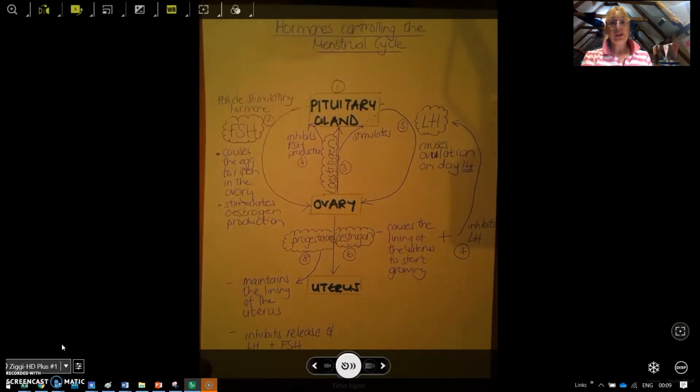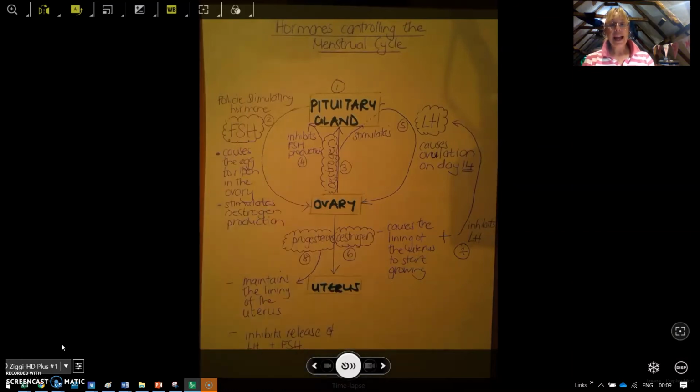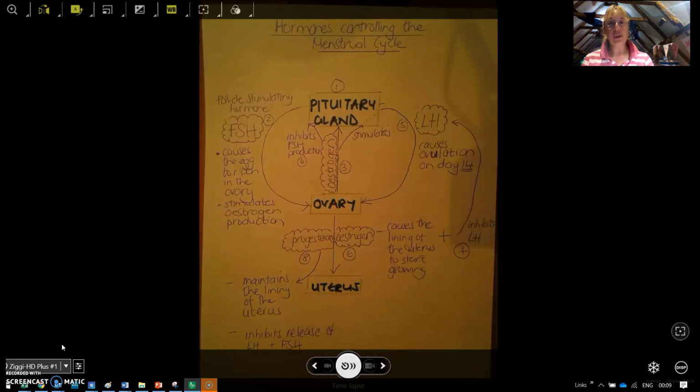So what you need to be able to do is cover that up and be able to remember all the different parts. So what I would love you to do is, on a rough piece of paper or using your board pen and writing on the table, write pituitary gland, ovary and uterus, and see how much of that you can remember.